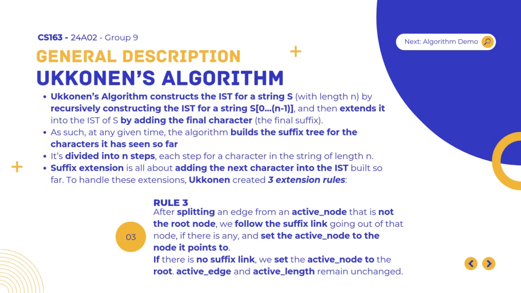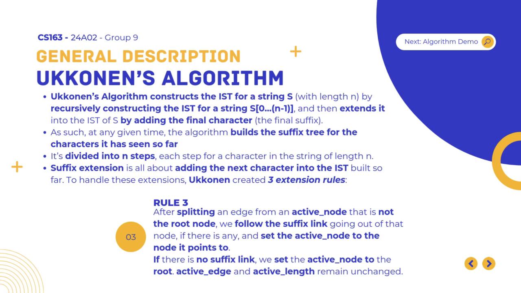And rule number 3: after splitting an edge from an active node that is an internal node, we follow the suffix link going out of that node, if there is any, and we set the active node to the node at the end of the suffix link.